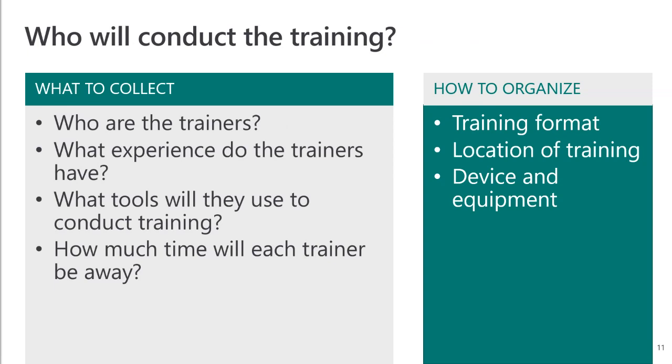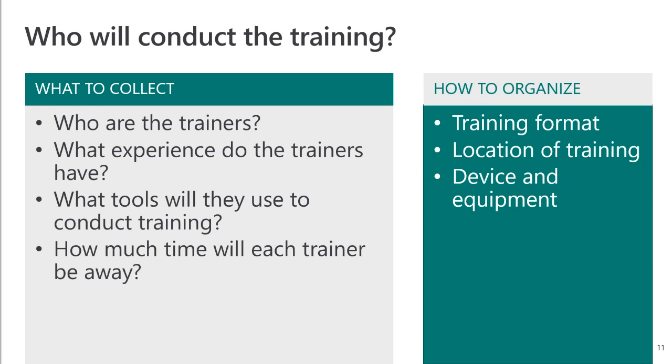So next, you're going to need to determine who is going to conduct this training. So a lot of times organizations will take on a train the trainer approach. And I've seen this happen in a lot of cases where the trainers are the business process SMEs or the business process owners that are a part of the project. And that's not necessarily a terrible idea because they probably have the most experience with the software.